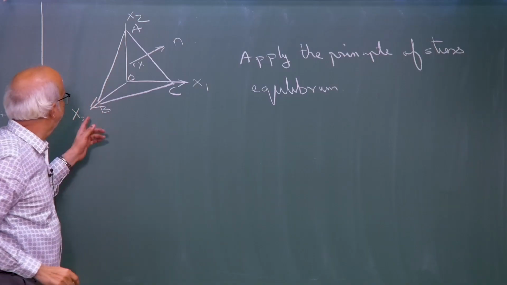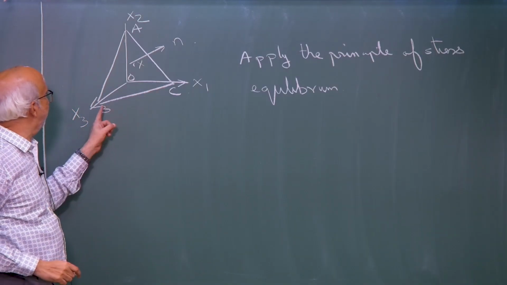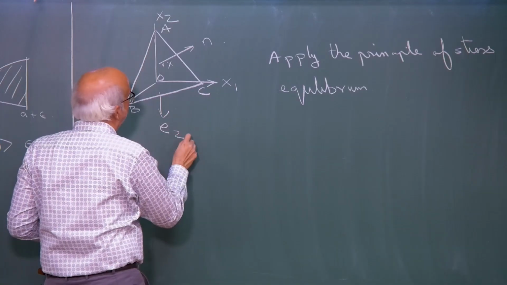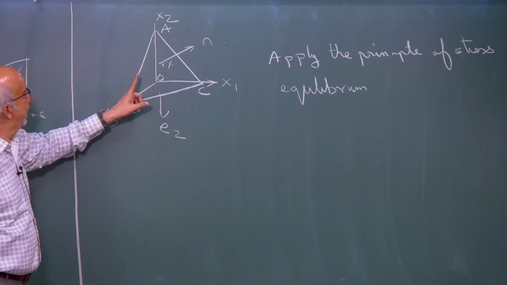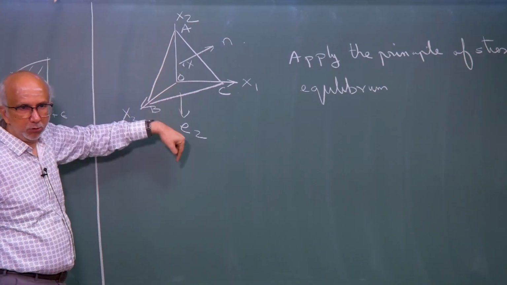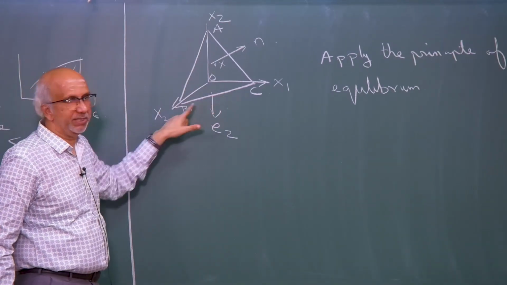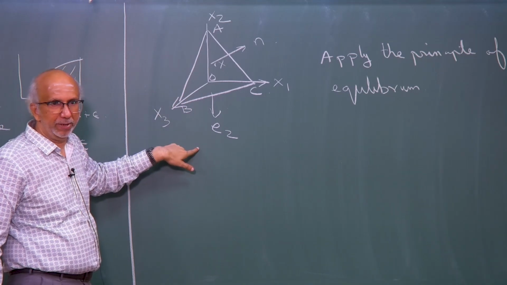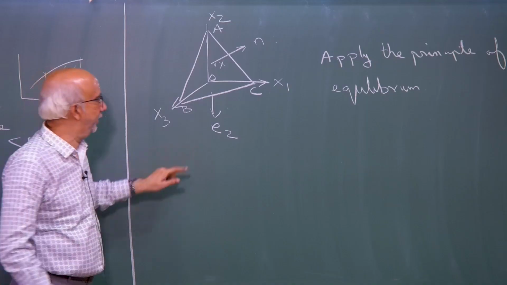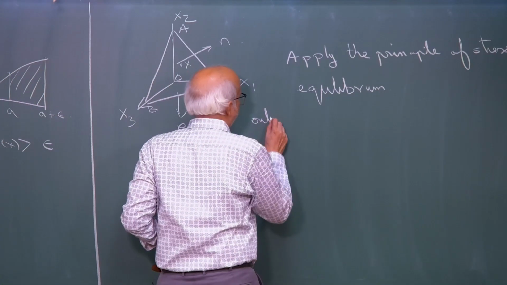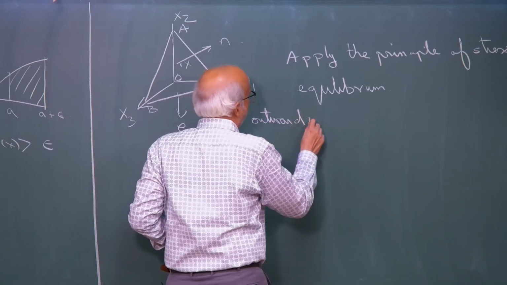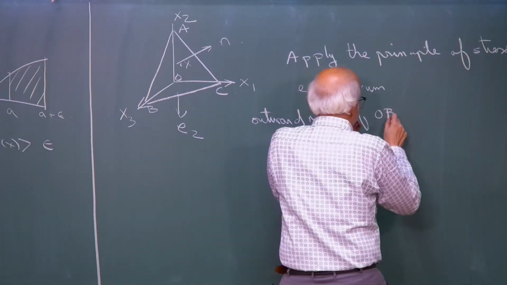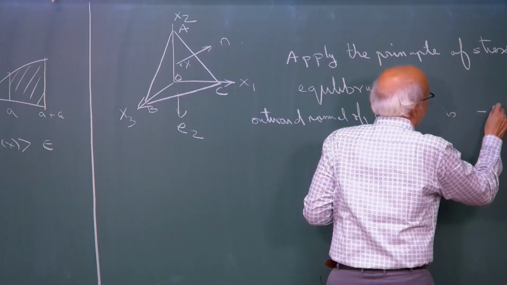The vector which is perpendicular to OBC, the outward normal, is in the direction of minus E2, as x2 is in that direction. So, OBC has an outward normal in the direction of minus E2.